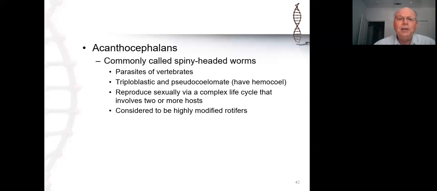So that's led to the idea that these animals may actually be simply very highly modified rotifers. And it's certainly, based on DNA sequence analysis, that the acanthocephalans and the rotifers do actually form a single valid clade, a monophyletic clade. So they are now grouped together in this new clade.